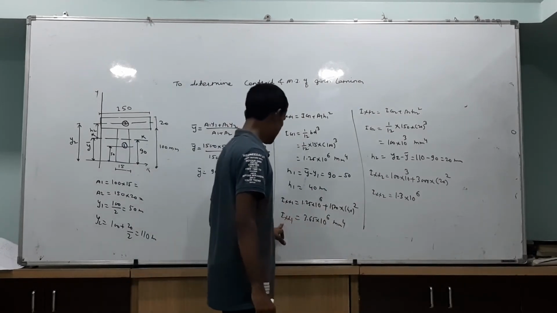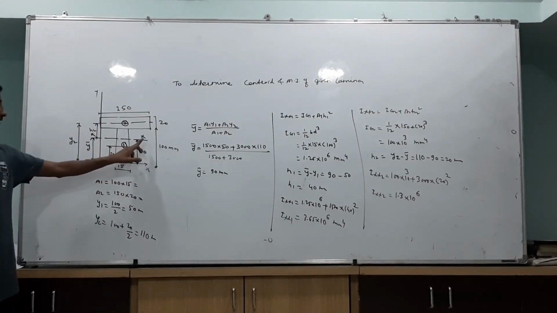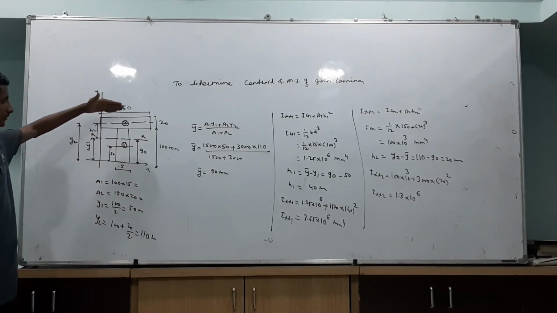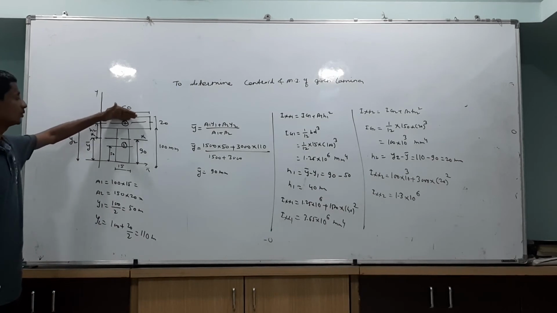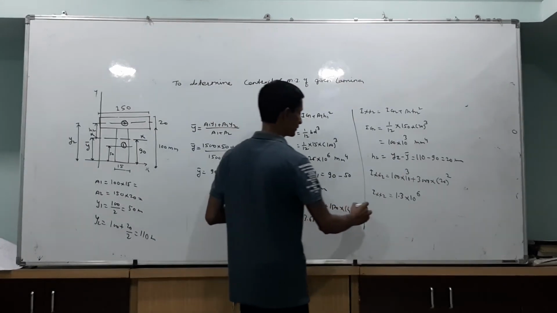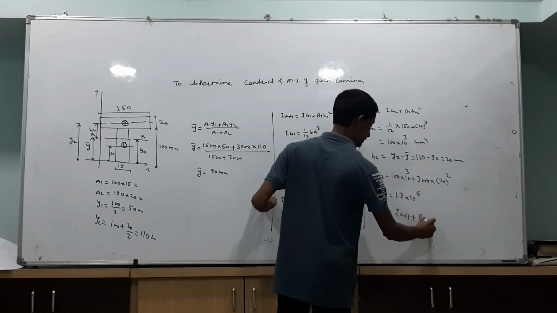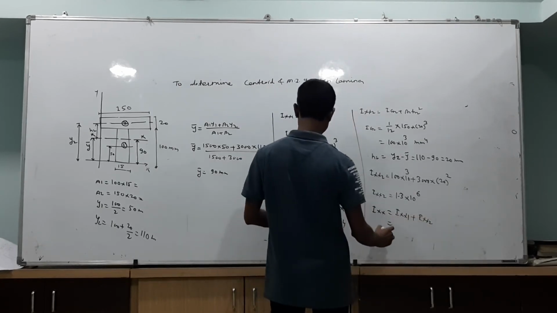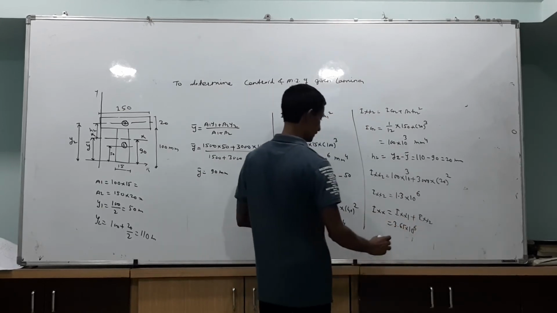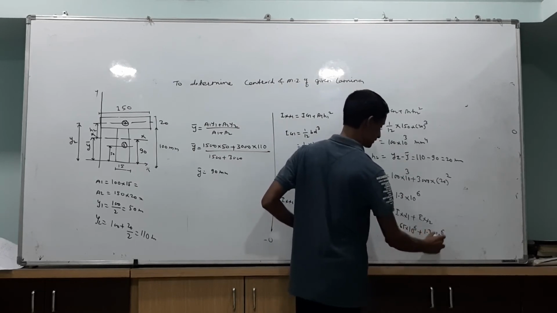So Ixx1 gives the value of MI of rectangle 1 about central axis xx, and Ixx2 gives the value of MI of area number 2 or rectangle 2 about the central axis xx. So you can calculate the total MI of the composite figure about the central axis, as Ixx is equal to Ixx1 plus Ixx2. Ixx1 is 3.65 into 10 raised to 6 and Ixx2 is 1.3 into 10 raised to 6.